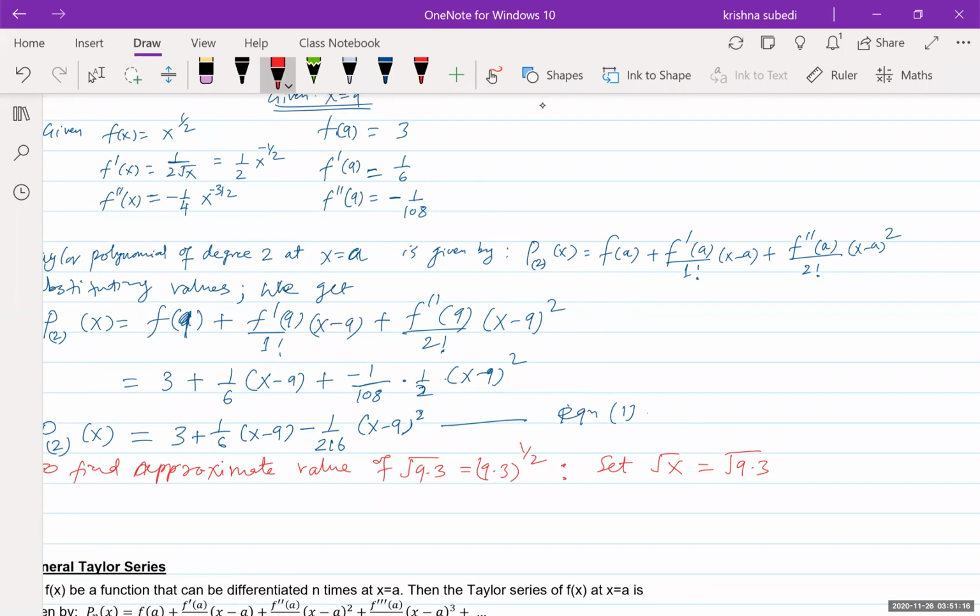Whatever the function is given, you set that function equal to this, and this gives you x equals 9.3. So substitute this value in equation 1.